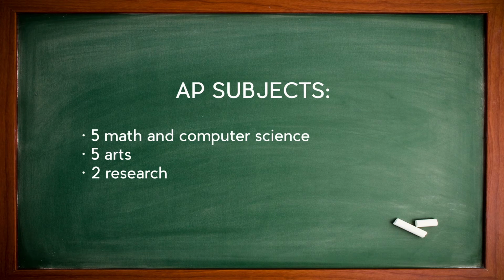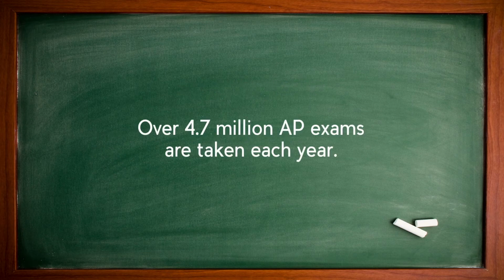Every year, over 4.7 million AP exams are taken, but most are clustered around the 8 most popular subjects. Biology is one of the most popular AP exams, and in fact, about 250,000 students are going to take the AP Biology exam this year.